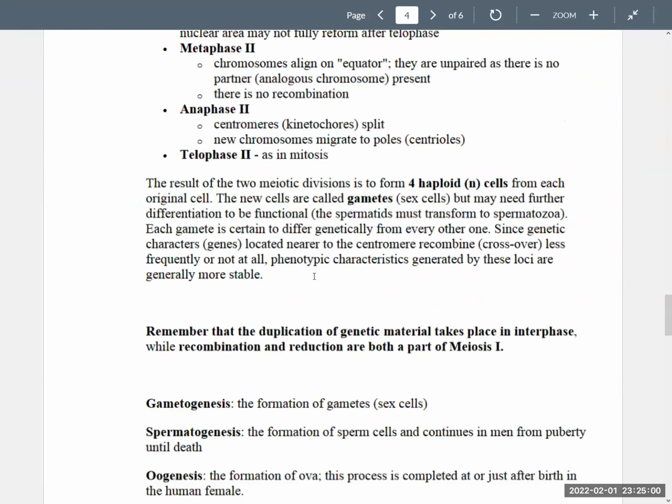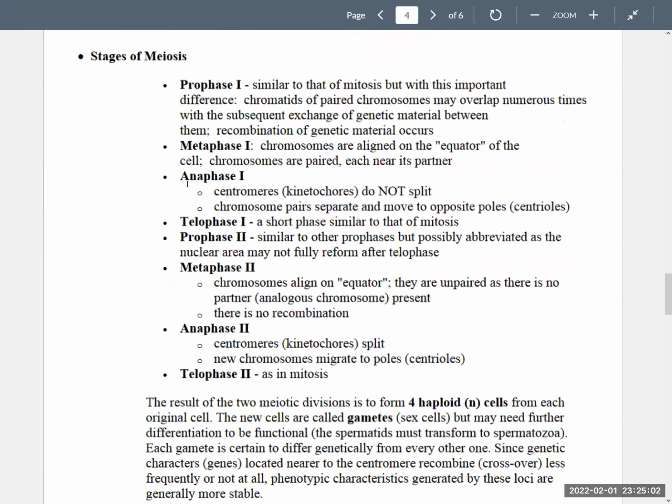Let's go up and read it for a second. At metaphase, the chromosomes are aligned on the equator of the cell. Chromosomes are paired, each near its partner. Then in anaphase, the centromeres do not split.